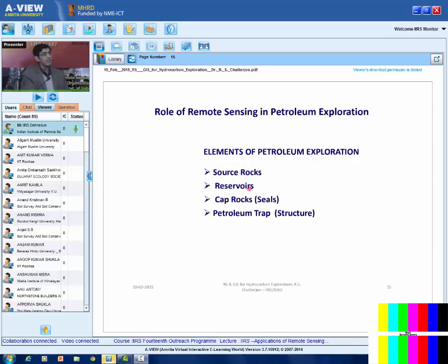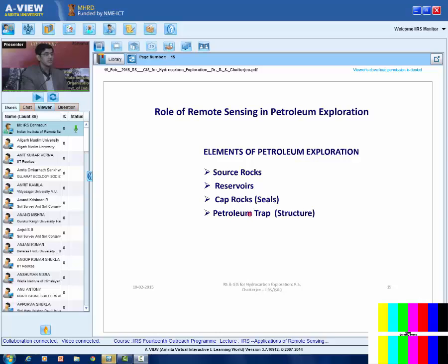You need to have a cap rock above it, okay? When it is accumulating, if there is no cap rock, then what will happen? It will go out. So you need to have a cap rock or seal, okay? It should be impermeable. Now this petroleum trap needs to have a particular geometric configuration.